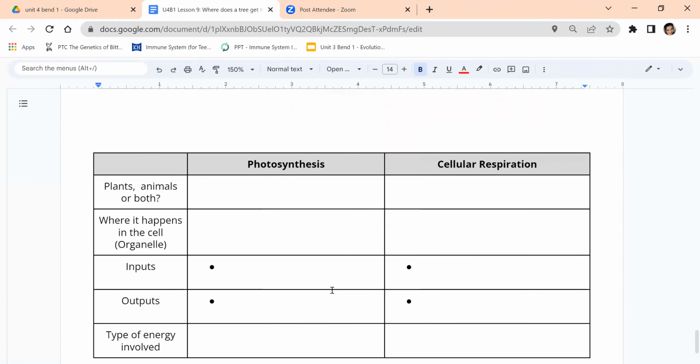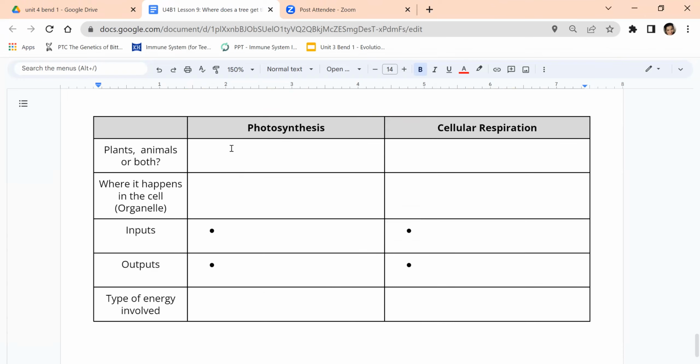Okay, so let's break it down here. Photosynthesis occurs only in plants, but cellular respiration occurs in both plants and animals, humans.